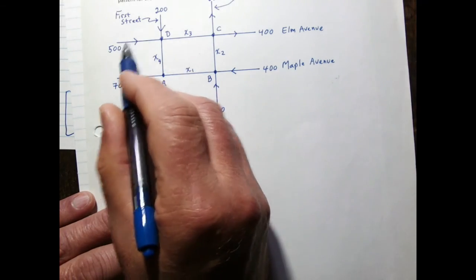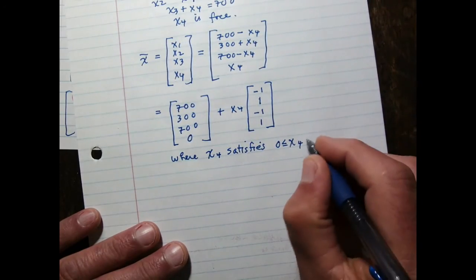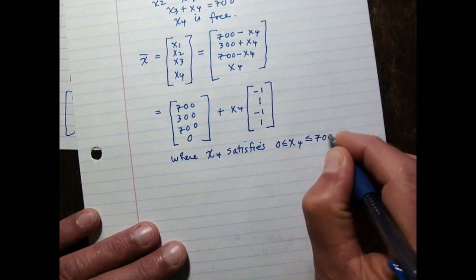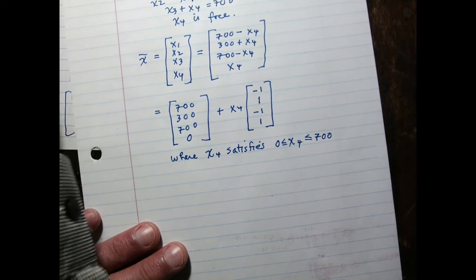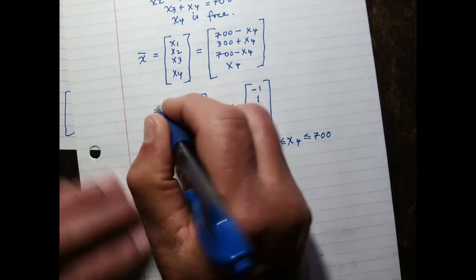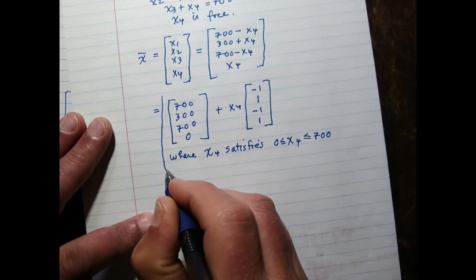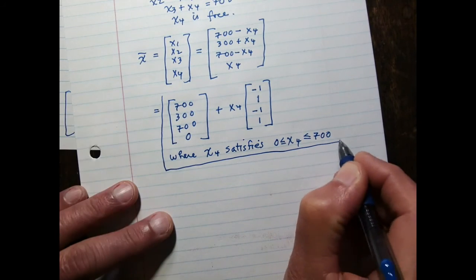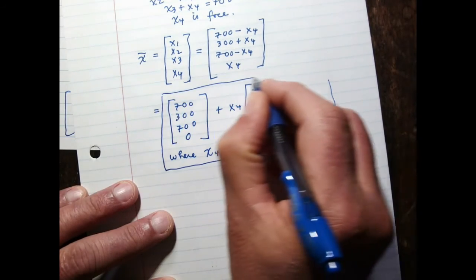The only flow in is 500 plus 200 is 700. So I believe x4 has to be less than or equal to 700. If all the cars took the x4 block, it would be the largest possible value we could get for x4.